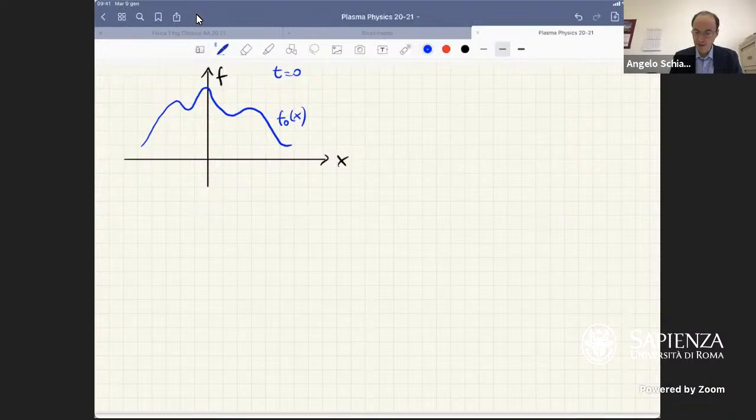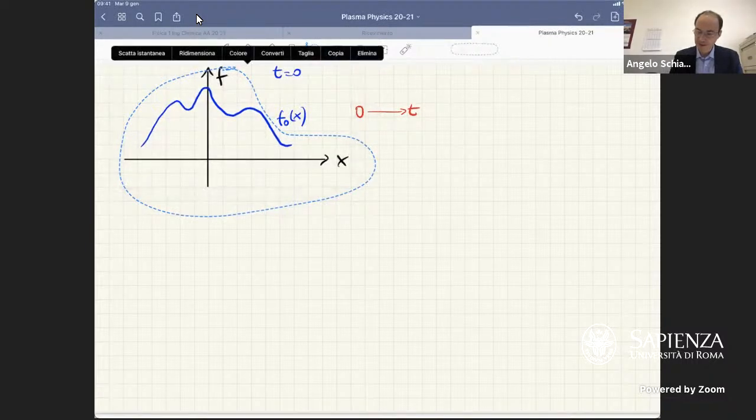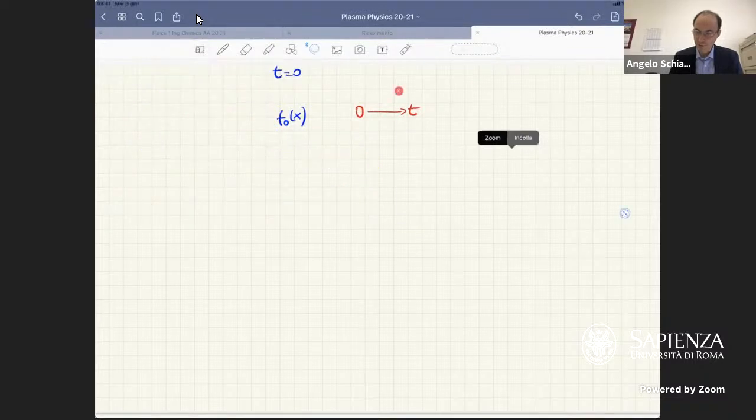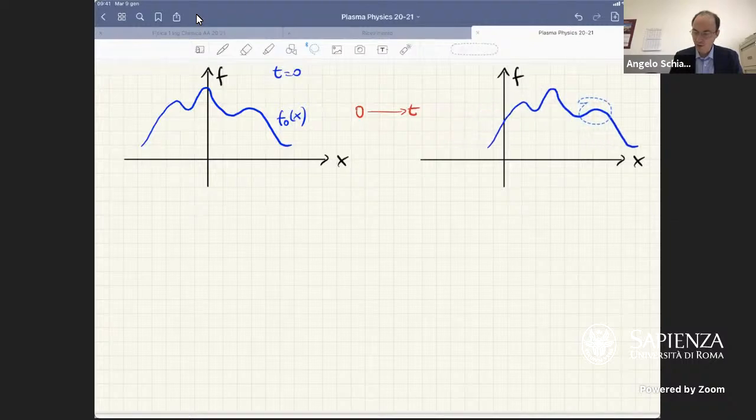As time increases, as time goes from 0 to a generic time coordinate t, what is happening to our function? Let's take it and copy it to the right, in exactly the same frame of reference. What is happening is that the whole solution form is rigidly moving to the right.